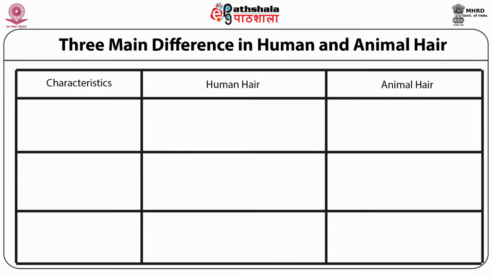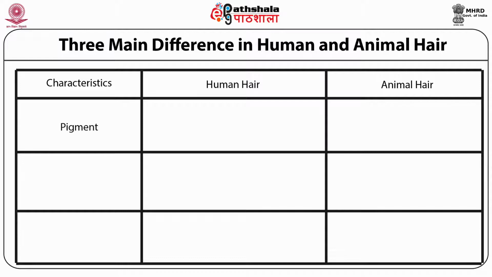The display table is showing you the main differences in human and animal hair on the basis of pigmentation, medulla, and scale structure.